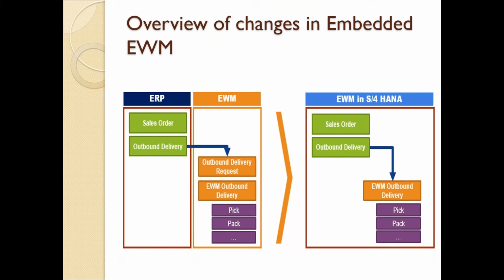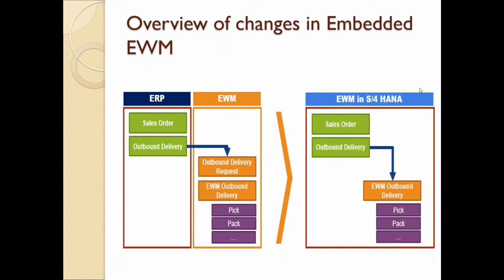Yes, but why can't we use the OBD which is created from the SD level? You mean to say you want to make use of this OBD directly, the number or the delivery? Basically, as we are talking about S4HANA only to reduce redundancies and data footprints, right?